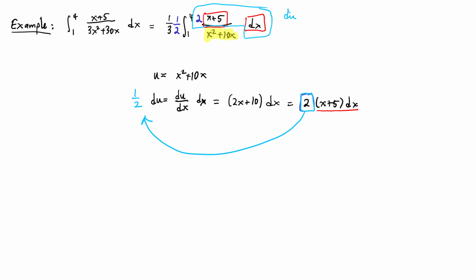All right, so once you've done this, now your integral becomes, I'm going to leave this all out here. So our integral is now, the integral from 1 to 4 of x plus 5 over 3x squared plus 30x dx. This integral is now 1/6 times the integral of, wait a minute, don't slip up here. We have to compute these new limits, right?